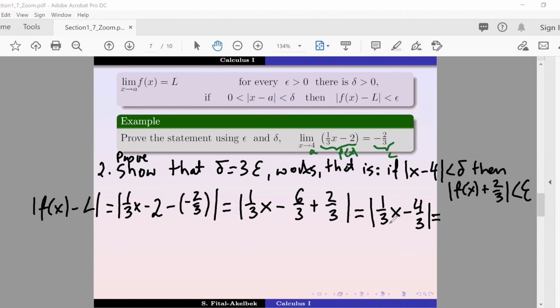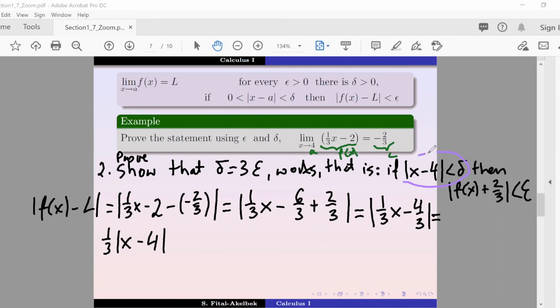Now take 1/3 out. So we have 1/3 out, times x minus 4. And this x minus 4 is less than delta.